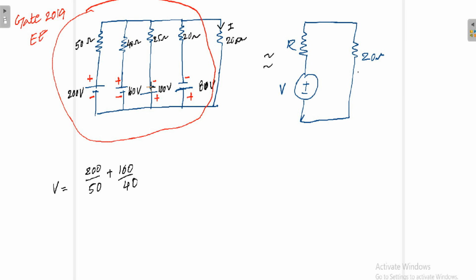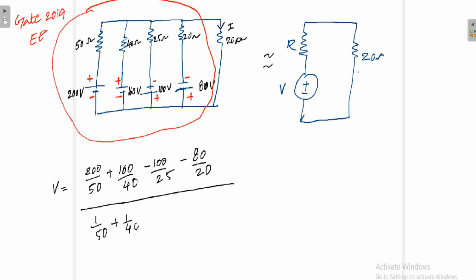For 100 the upper polarity is negative, so minus 100 by 25, and minus 80 by 20. This is the numerator. Next, the denominator: 1 by 50 plus 1 by 40 plus 1 by 25 plus 1 by 20. Just recall why we have considered positive for 200 and 160, negative for 100 and 80.